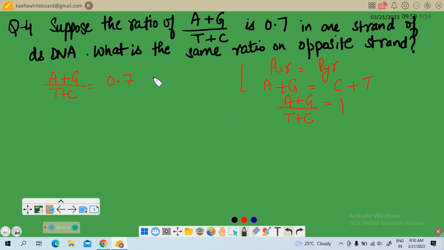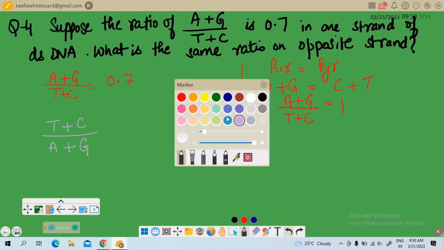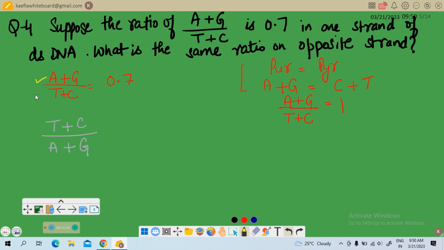So instead of A, I can write T, because A bonds with T and C bonds with G. Since G will bond with C, T will bond with A, similarly C will bond with G. So if I see this, A plus G has now gone here in denominator, and T plus C has gone in numerator.